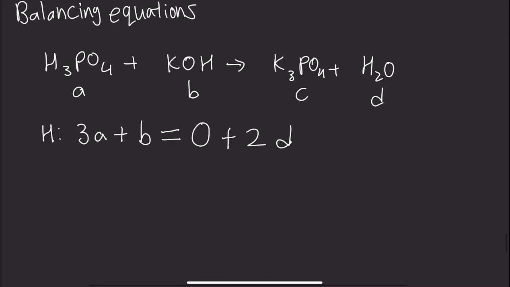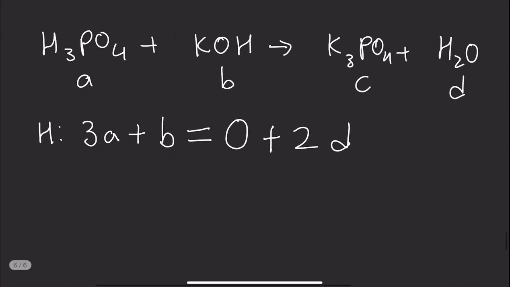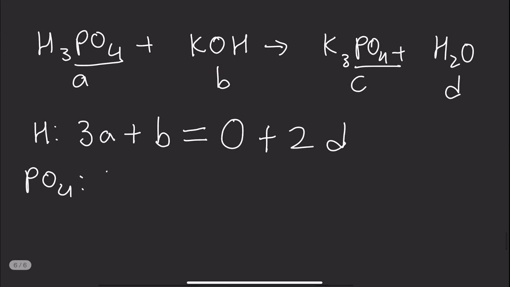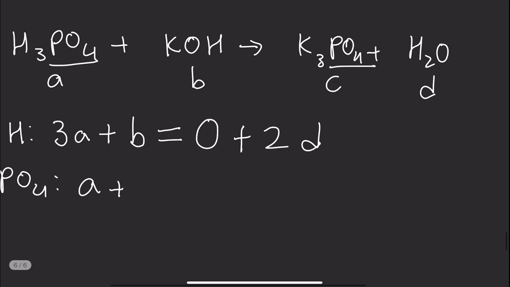Now we basically do this for every single element. Since we group PO4 as 1, PO4 is 1A plus 0 equals 2, C plus 0.